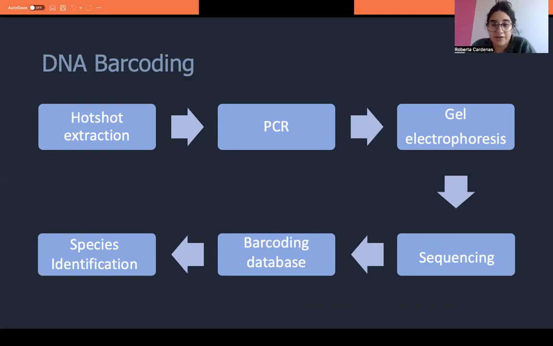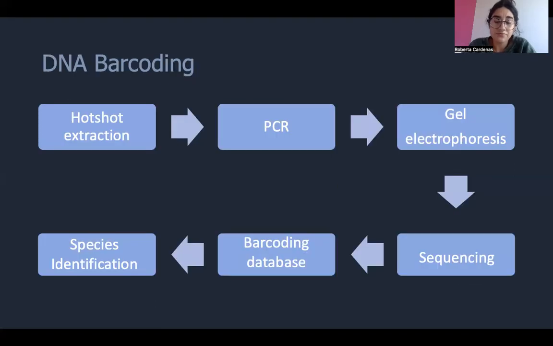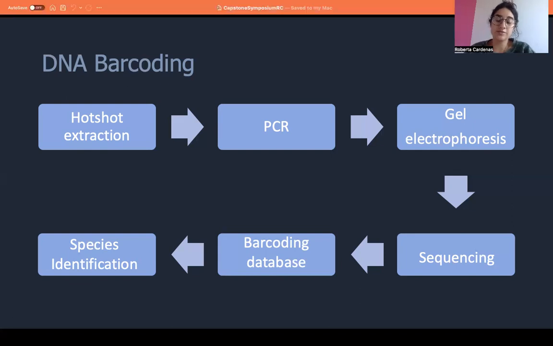And I was sent back very long sequences that I then put through a barcoding database. And this database had known sequences for different species, and I was able to compare my sequences with the sequences in that database. And I used a 95% identity threshold to match up the sequences and identify the species.